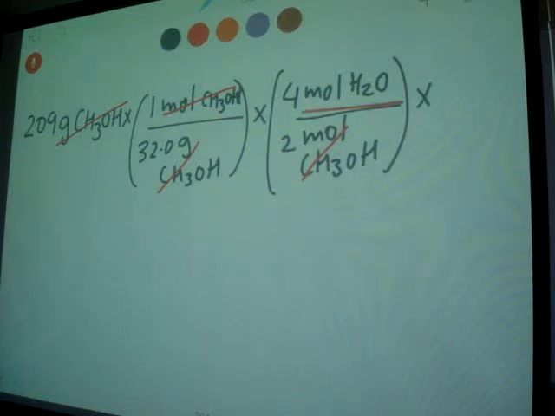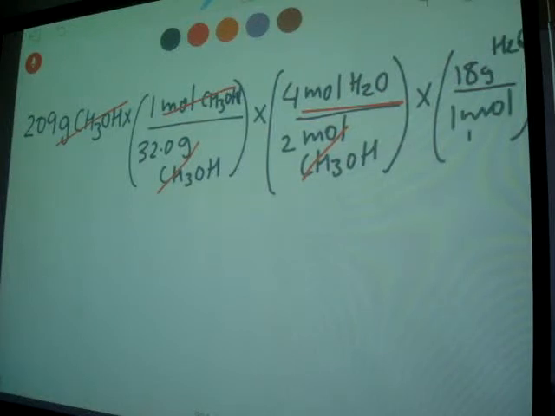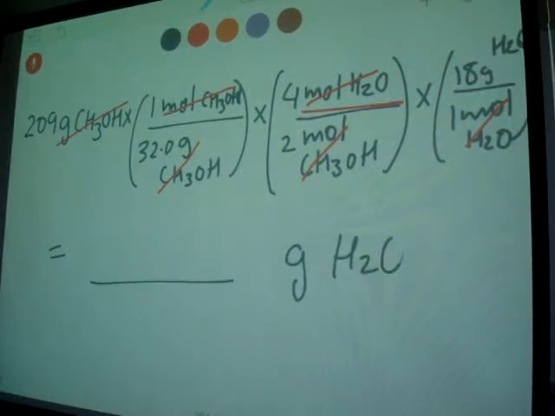And now that we have moles of water, we convert it to grams of water, which is 18 grams of H2O per 1 mole of H2O. In this case, we cancel moles of H2O and we get grams of H2O.